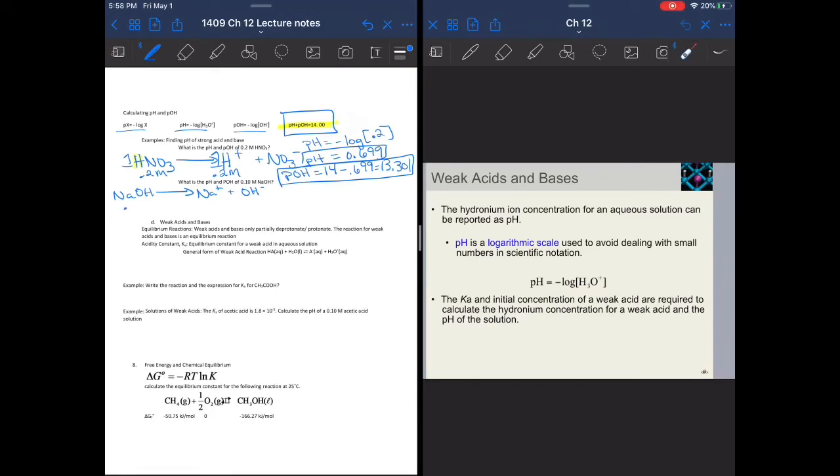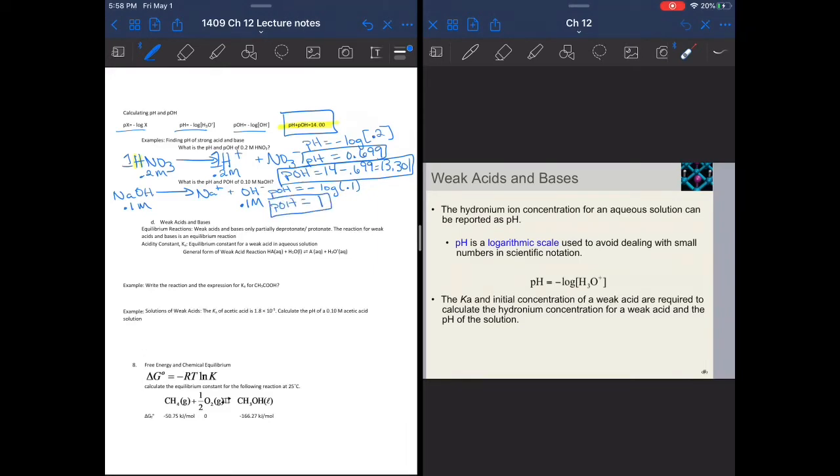So if I have 0.1 molar NaOH and there's 1 hydroxide per each NaOH, I'm going to have 0.1 molar hydroxide. So pOH would be negative log of 0.1. And that gives us a pOH of 1.